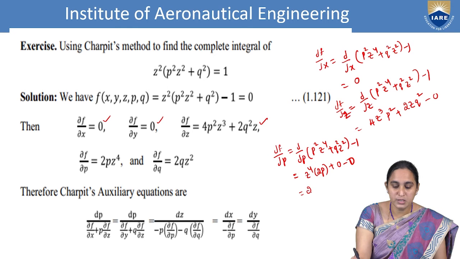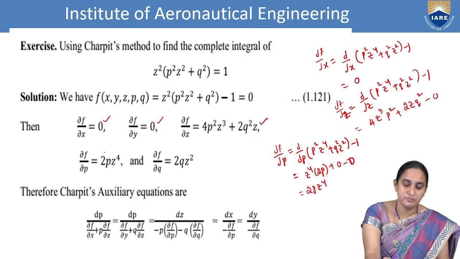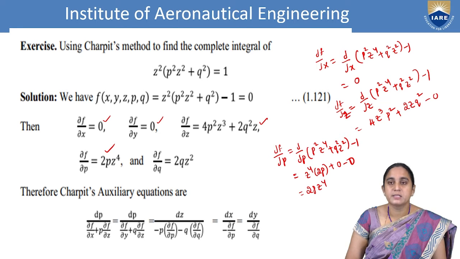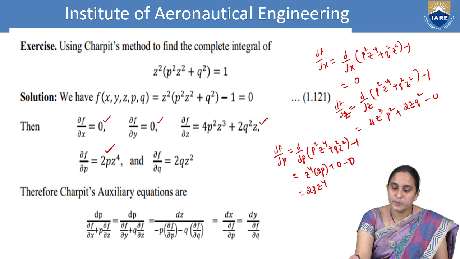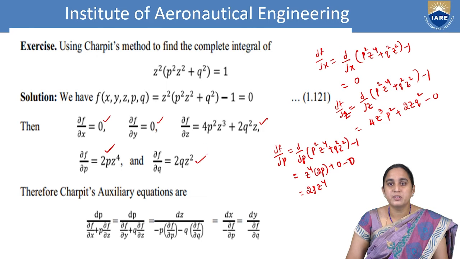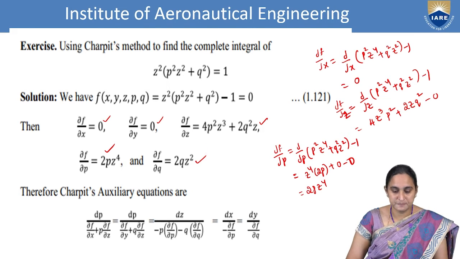Therefore, 2 into p into z power 4. That is dou f by dou p. And next, differentiation with respect to q. Here the first term is 0 and the differentiation of q square z square is 2q into z square. That is f differentiation with respect to q, 2q into z square.